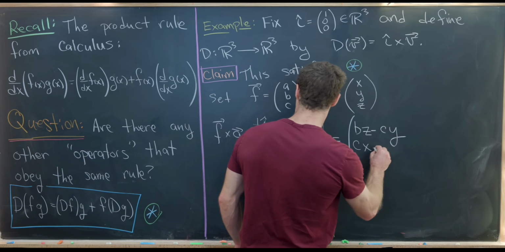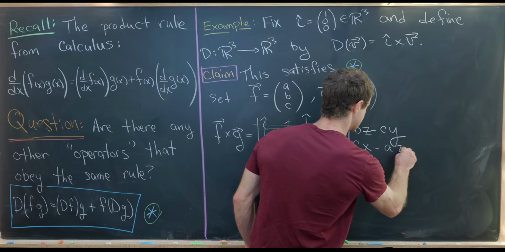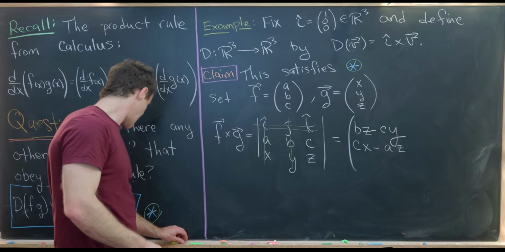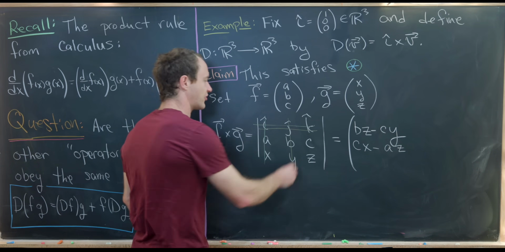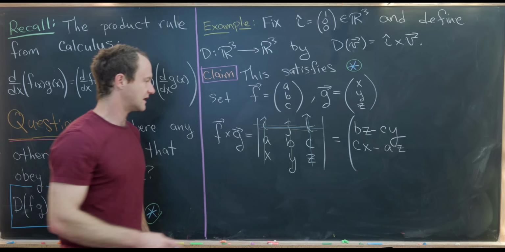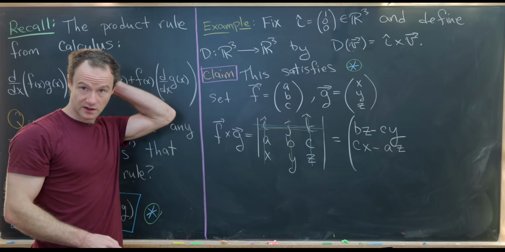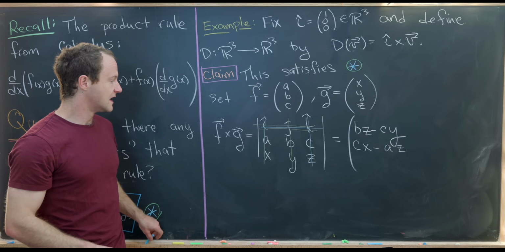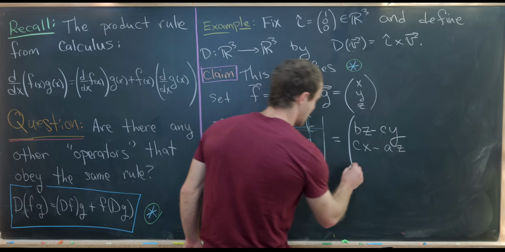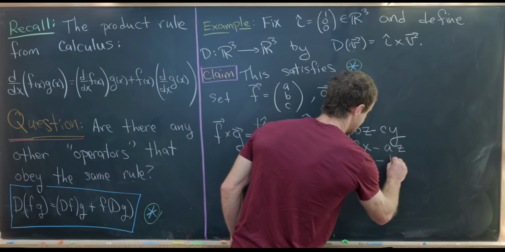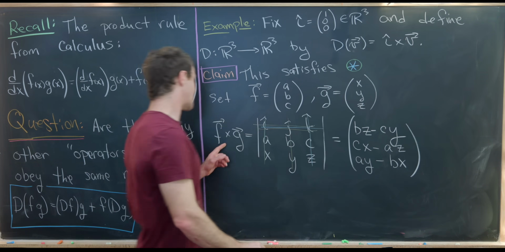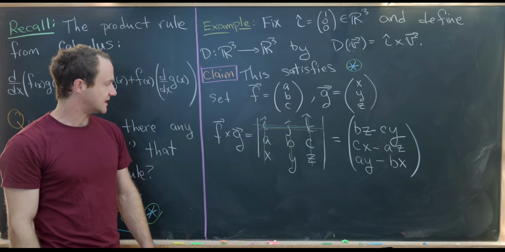And then finally, for our third entry, we get the determinant of the submatrix that we get from crossing off that column and that row. That will be ay minus bx. So that's our f cross g.